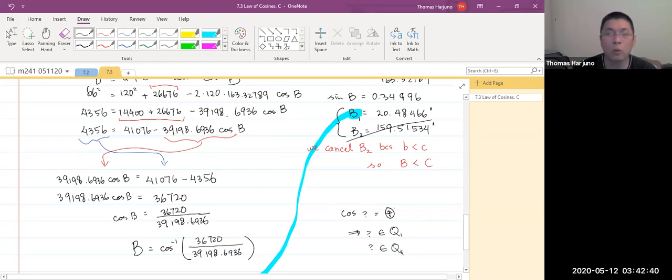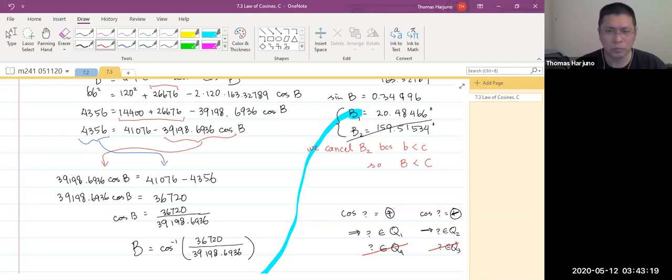But once it is in quadrant 4, you cancel it because an angle cannot be more than 180. Now, suppose the cosine of that angle is negative. Then that angle must be in either quadrant 2 or quadrant 3, right? But an angle in a triangle cannot be in quadrant 3, so you cancel that. In other words, law of cosine gives you a unique angle and you don't need to think about the other possible angle.